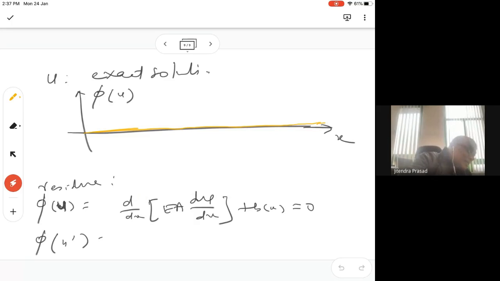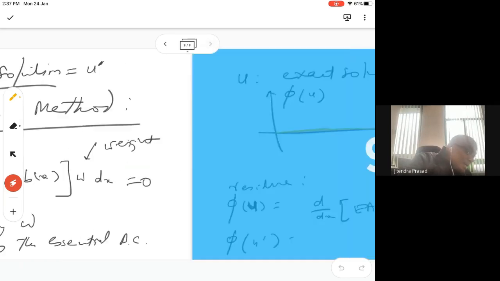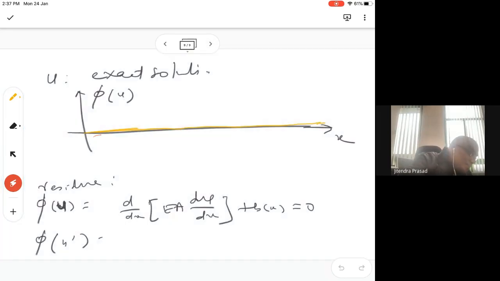Now, the second condition: if you have the approximate solution that you are going to find by the Galerkin method, then what happens? It is telling that it is not necessarily like this.